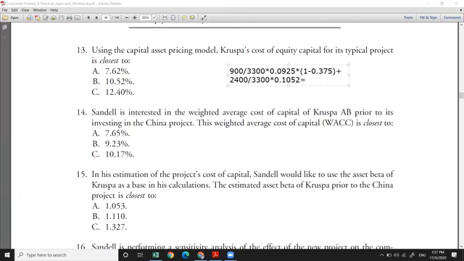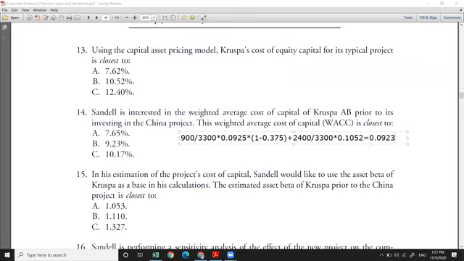That would give you the WACC, 0.0923, which is B.